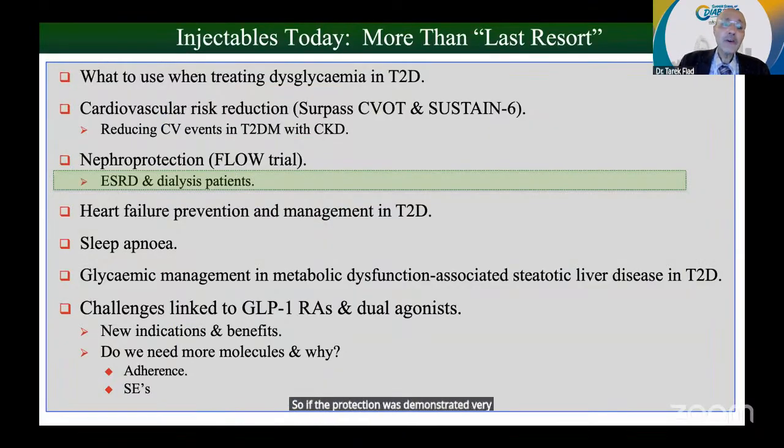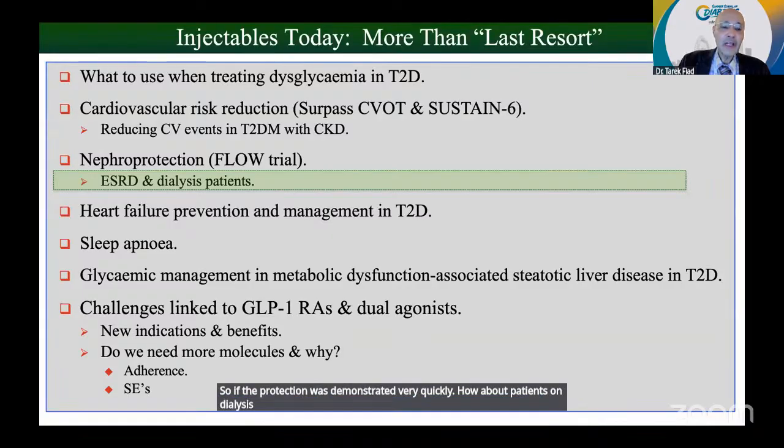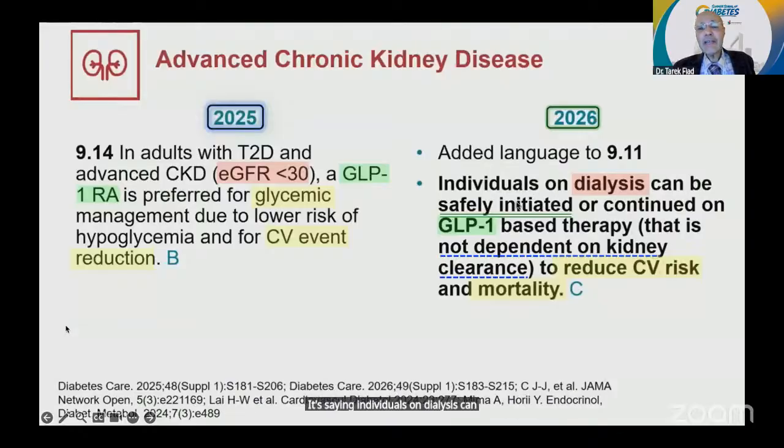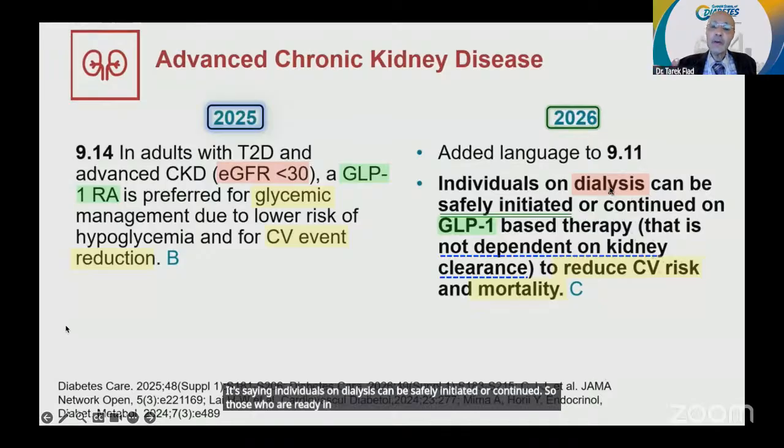How about patients on dialysis and end-stage renal disease? The guidelines have now changed their language, and what the guidelines say in the living document of ADA is that individuals on dialysis can be safely initiated or continued. So those who are already in treatment and now they're on dialysis, or they went to stage 5 kidney disease, GLP-based therapy that is not dependent on kidney clearance to reduce cardiovascular disease and mortality is recommended.